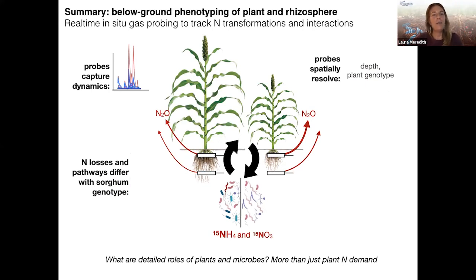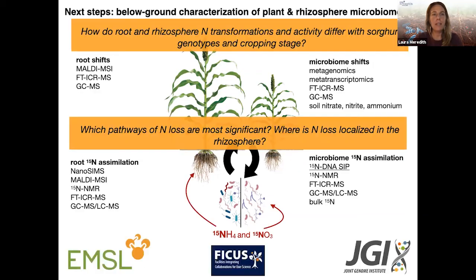And in terms of our science questions, we do find that the nitrogen losses and the pathways seem to be differing with sorghum genotype. And we're really interested in continuing to ask what the detailed roles are of the plants and the microbes in these interactions and in these overall results. And it's probably more than just plant nitrogen demand. How are these organisms interacting?